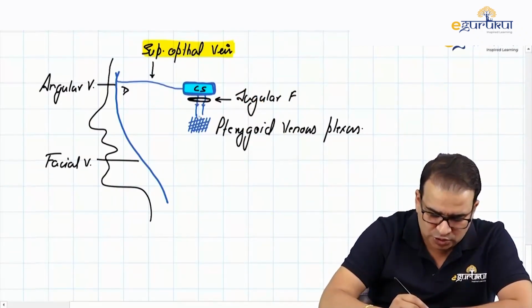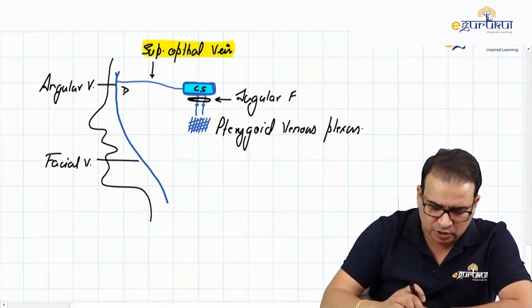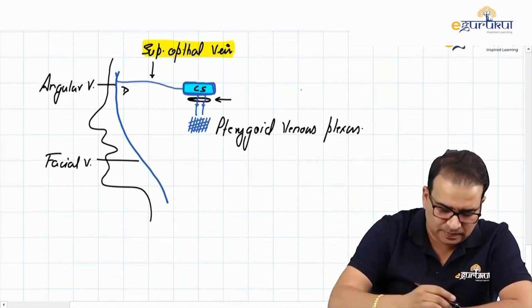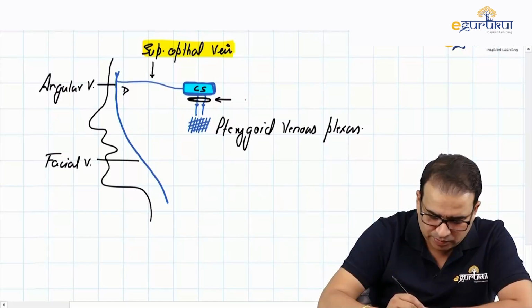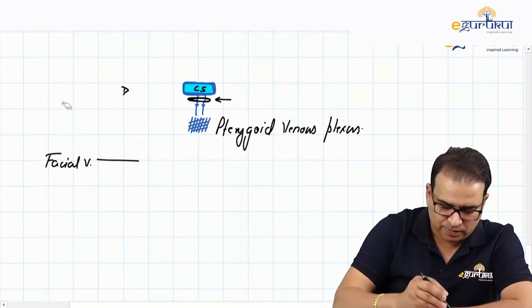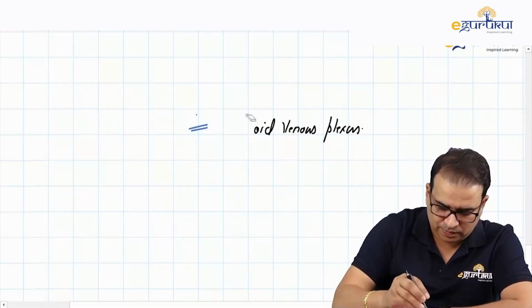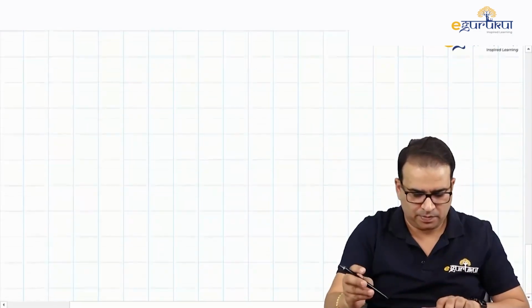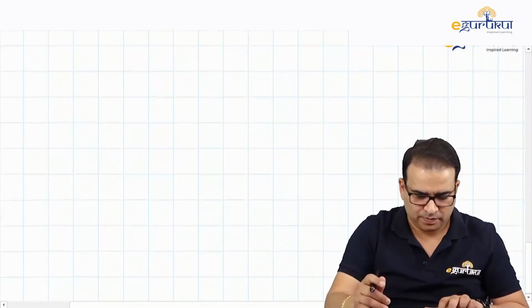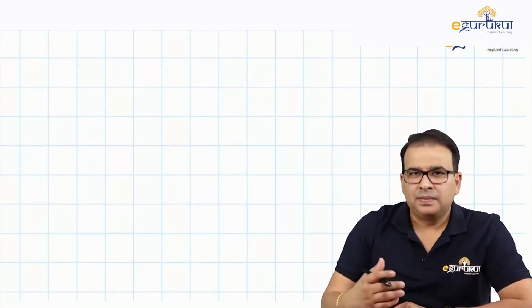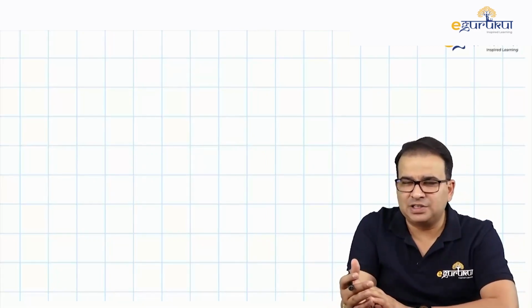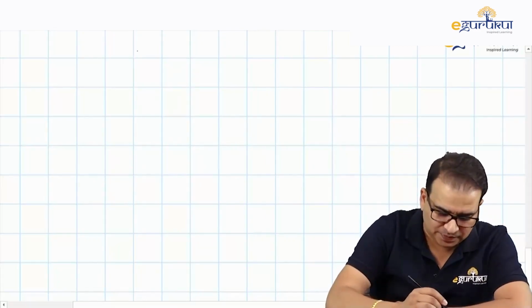The facial vein has certain dangerous connections inside, and let's understand them on a picture.